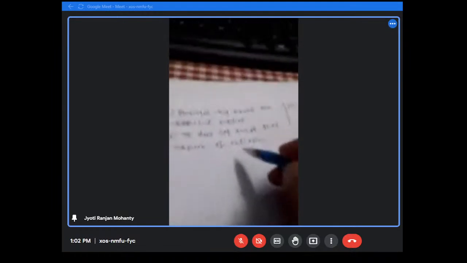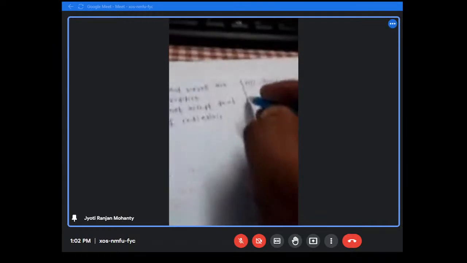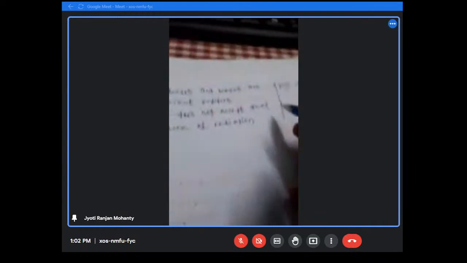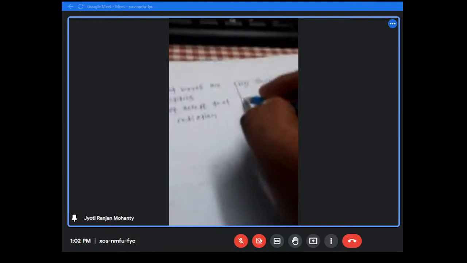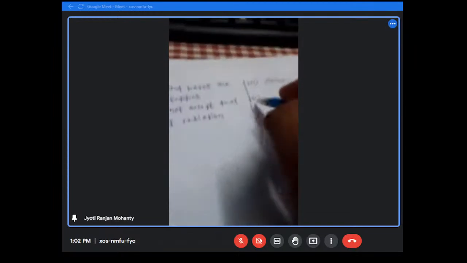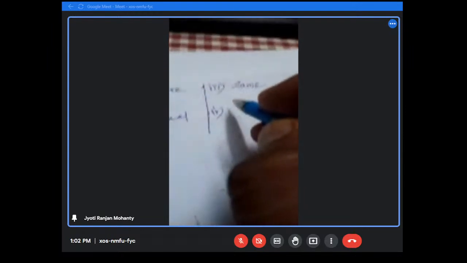That means classical physics does not accept the dual nature. Dual means two types of radiation, light and wave. But here it accepts the dual nature of radiation. Which one? Quantum physics.